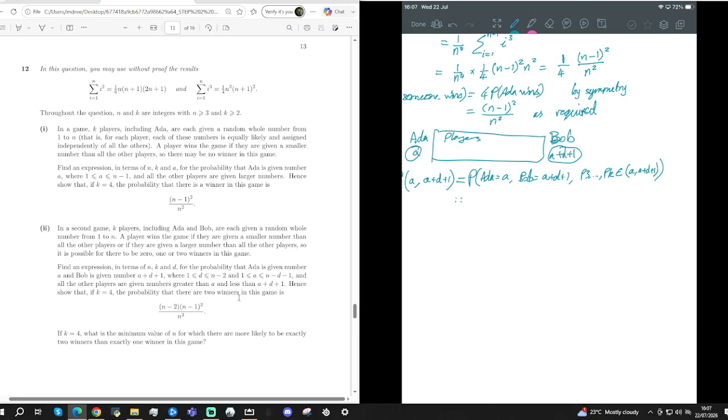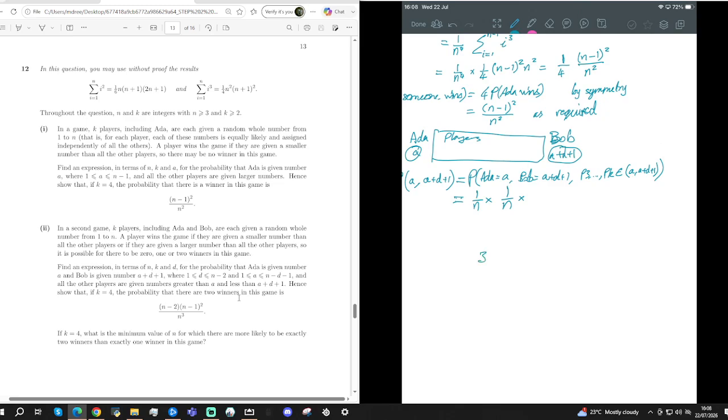So how do I work this out? Well, the probability that Ada gets A is 1 over n. The probability that Bob gets A plus D plus 1 is 1 over n. They have to get those fixed given values. How many choices are there for the rest of the players? Again, I'm going to make some numbers up.